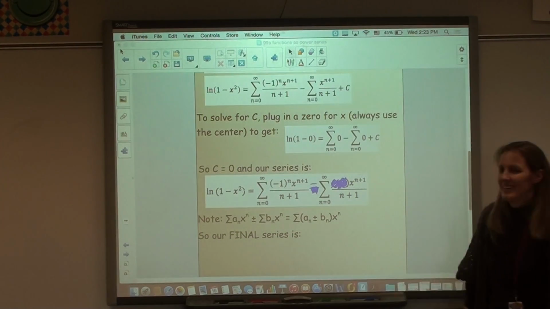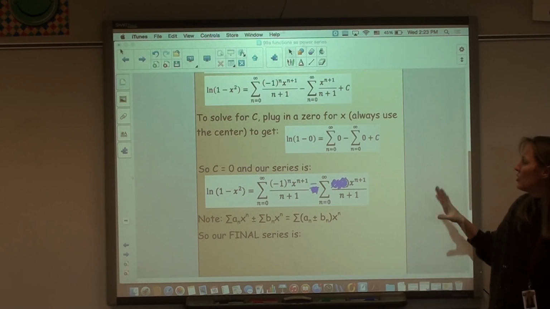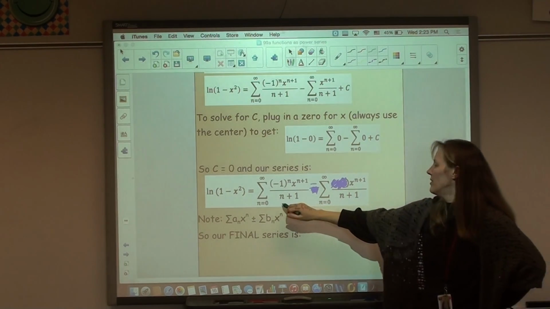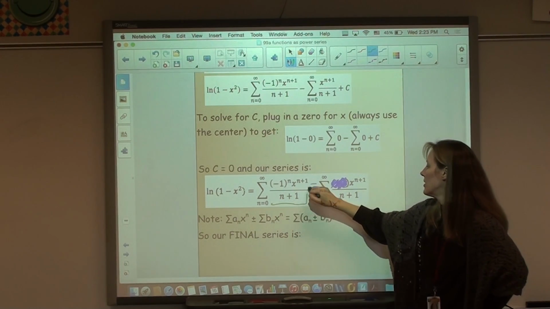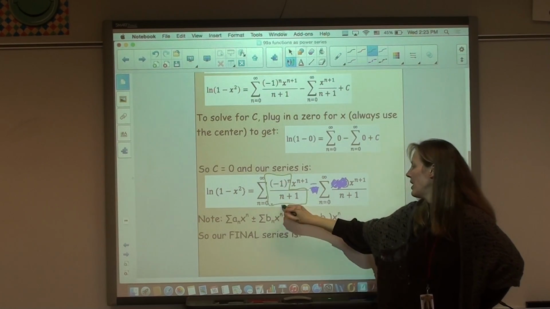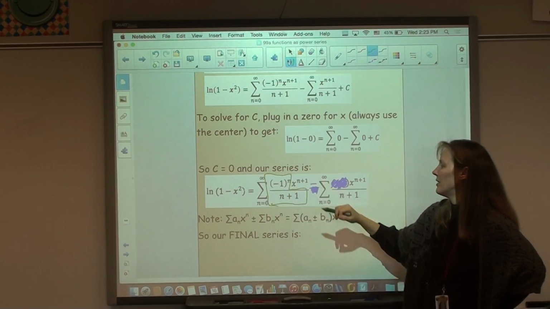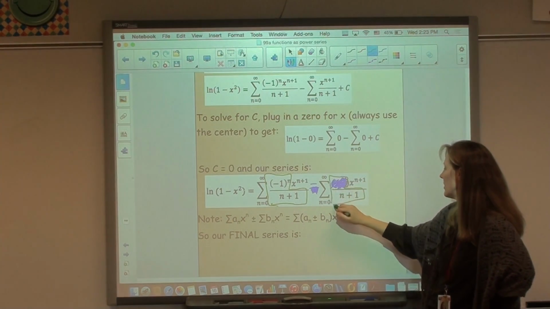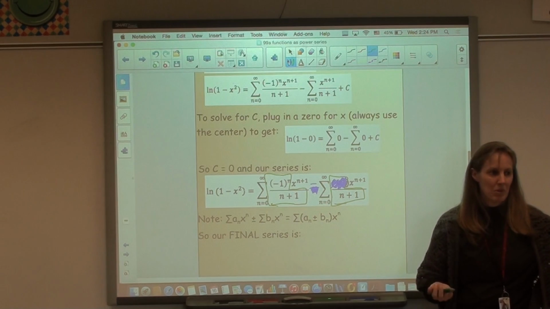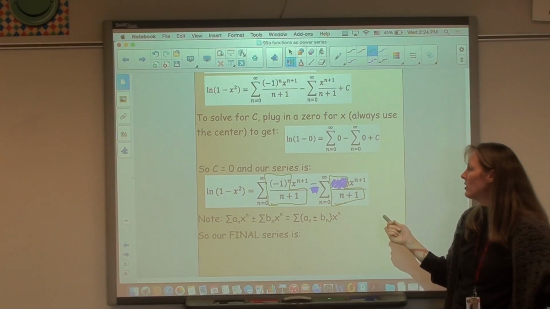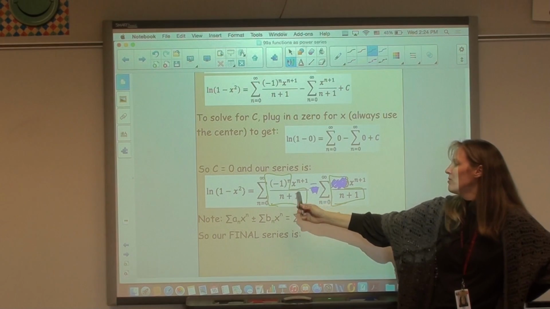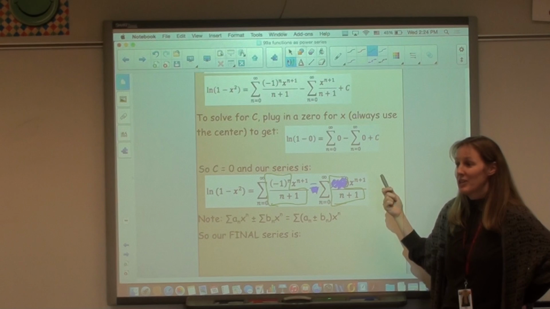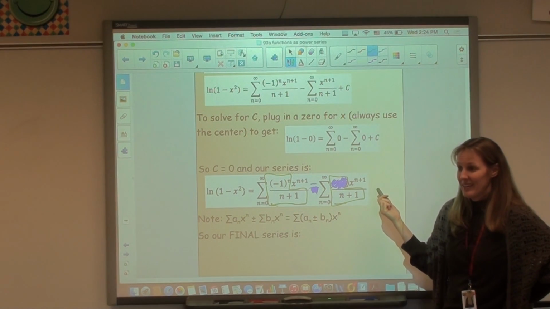Okay, so anyway, for this one, here's what I want you to think of. You have an a sub n times x to the n. It's okay if it's n plus 1, as long as they match. And you have a b sub n times x to the n. It's okay if it's n plus 1, as long as they match. So your final sum is almost like 5 apples minus 2 apples. X to the n plus 1 is like your apples.